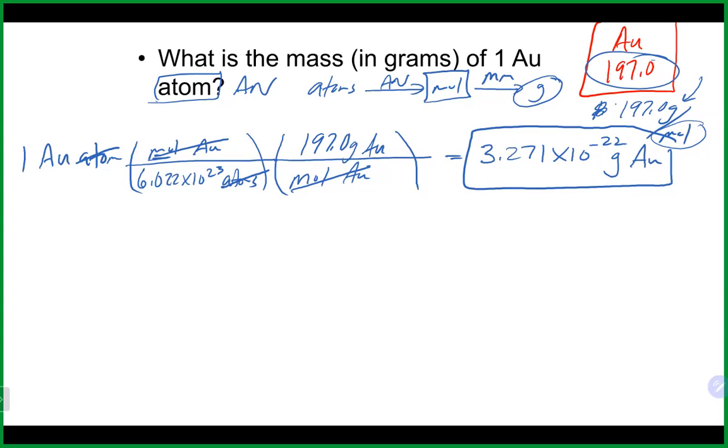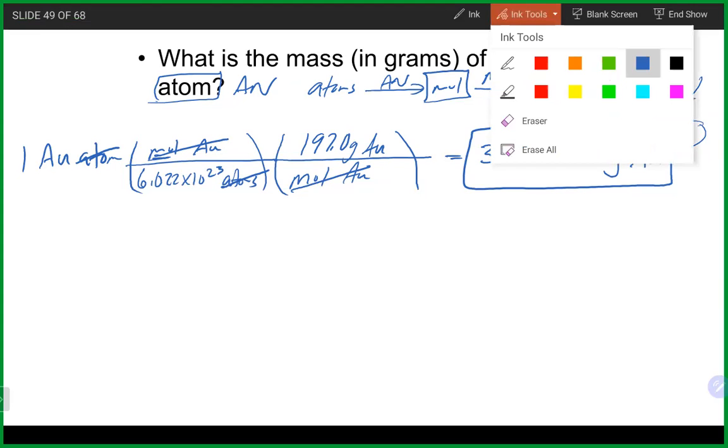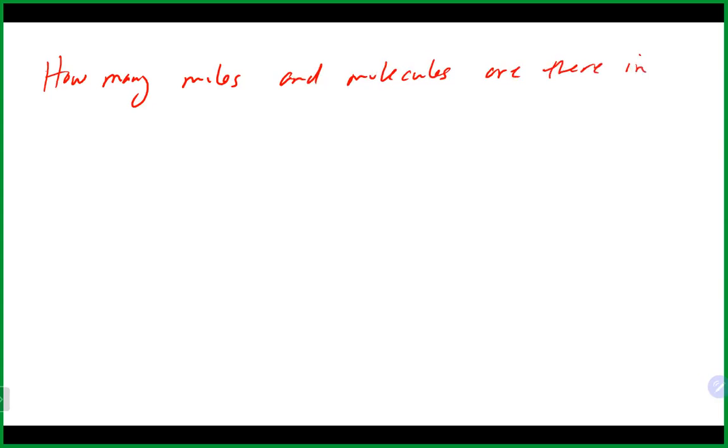All right, let's try one more and then we'll call it for today. Let's see this one. How many moles and molecules are there in 37.3 grams of C2H6O?